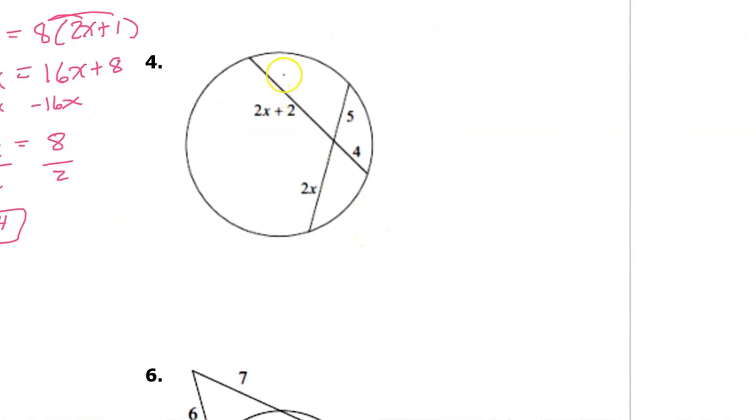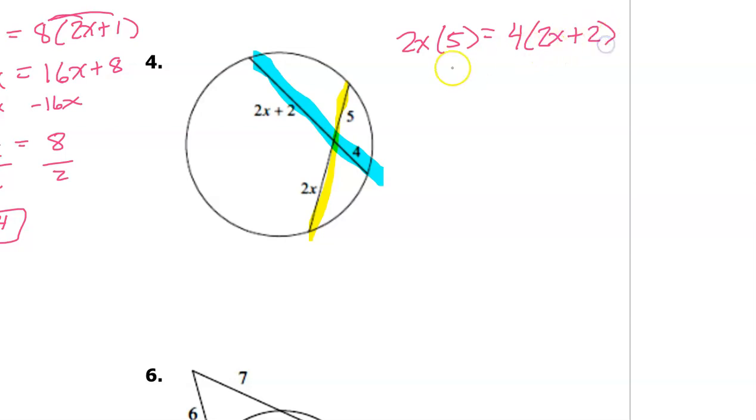Looking at problem number 4, let's look at this chord right here. So when we do part times part, that's 2x times 5. And then let's look at this chord right here. Part times part will be 4 times 2x plus 2.